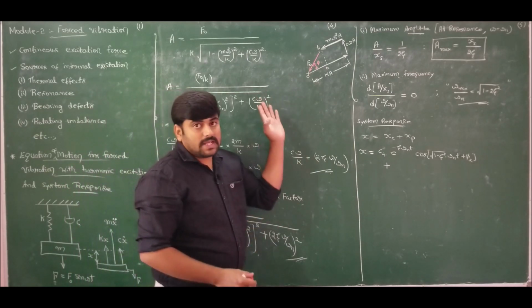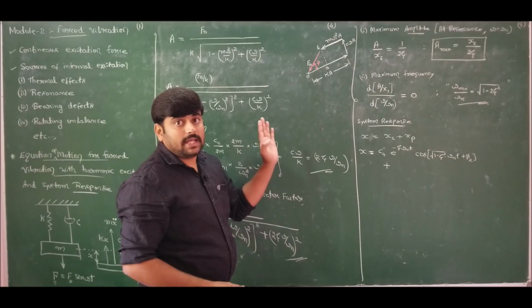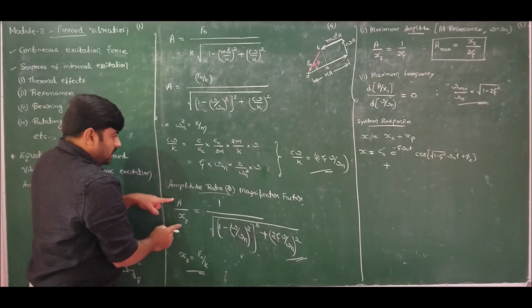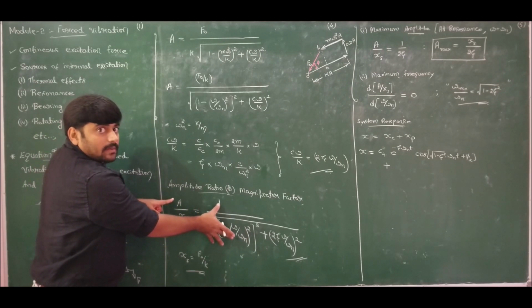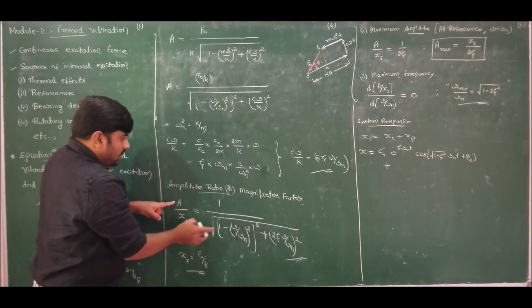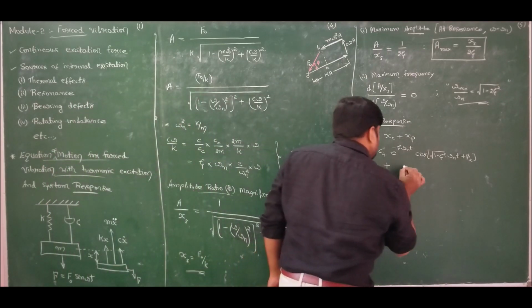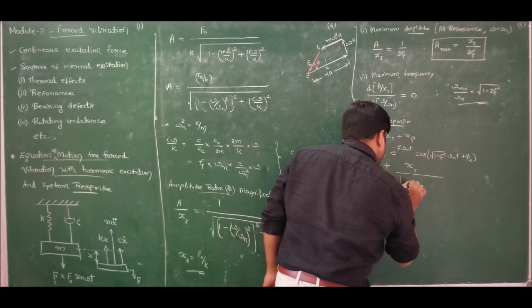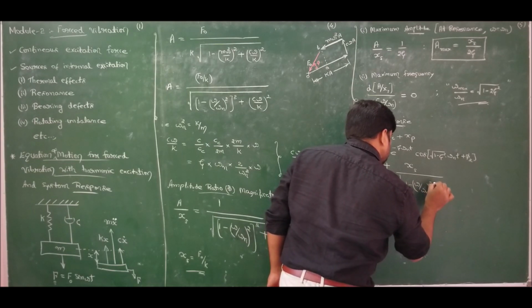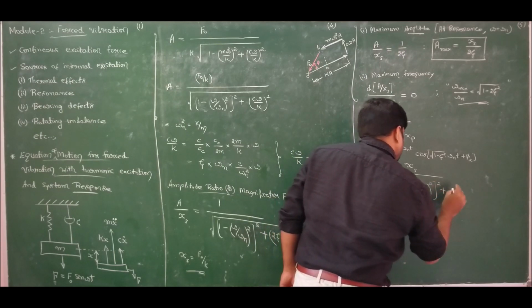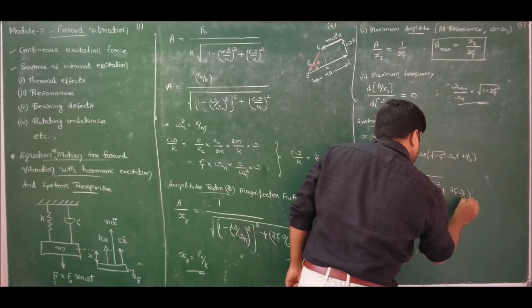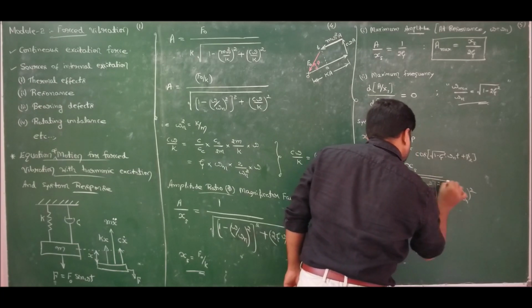xp I have written on page number 2. xp is nothing but A sin omega t minus phi. What is the value of A? A is the amplitude. Amplitude is xs divided by root of 1 minus omega by omega n whole square plus 2 zeta omega by omega n whole square, under the root.